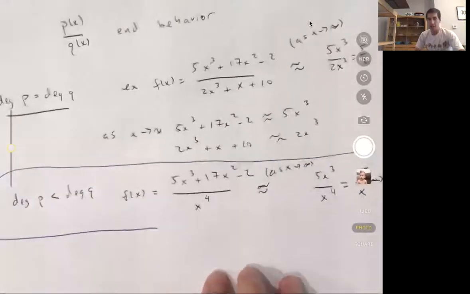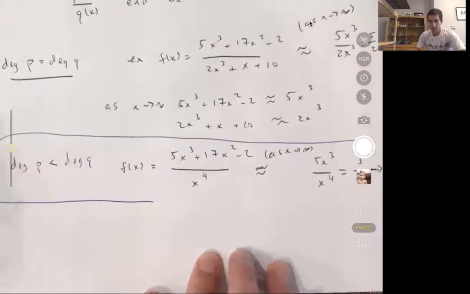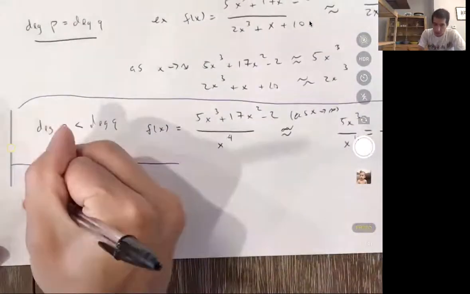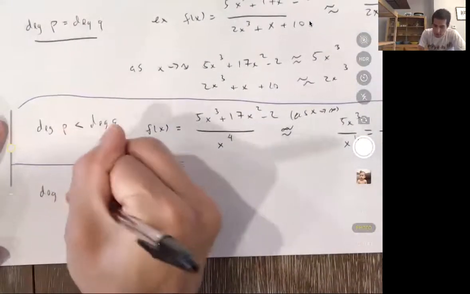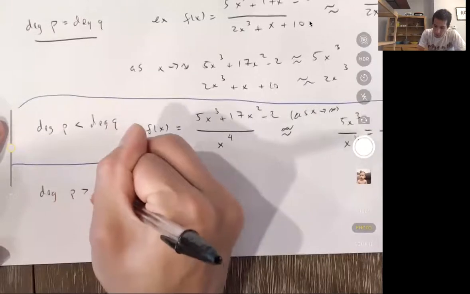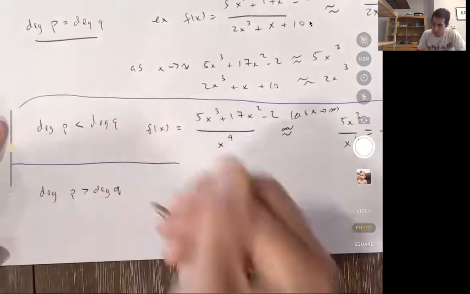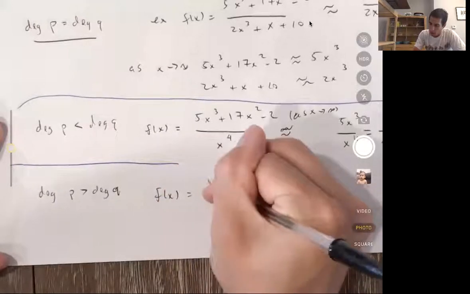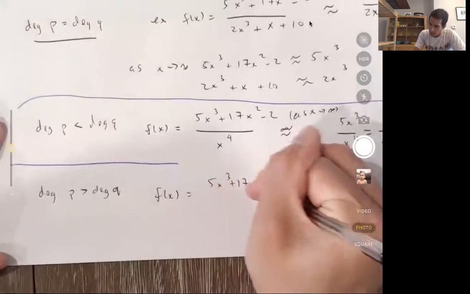Okay, now, the final situation here is if the degree of p is bigger than the degree of q. And now let's use the same numerator here, 5x cubed plus 17x squared minus 2.